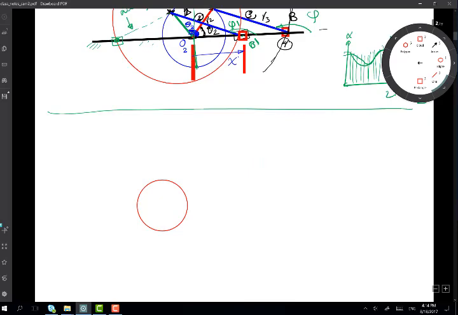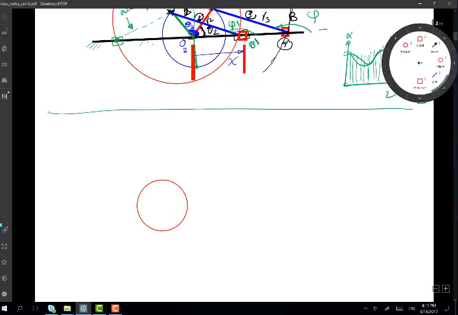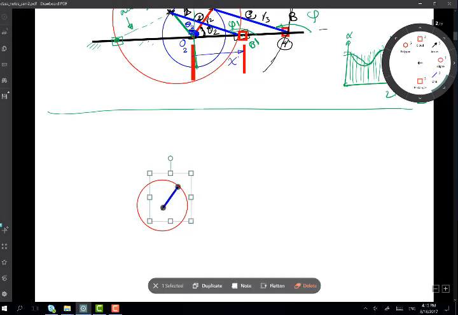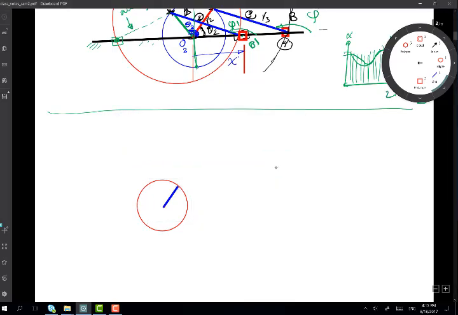I can have a line for the crank, aligned from here to where the crank is located. Possibly I'll just fix this with the page as well so it doesn't move around.